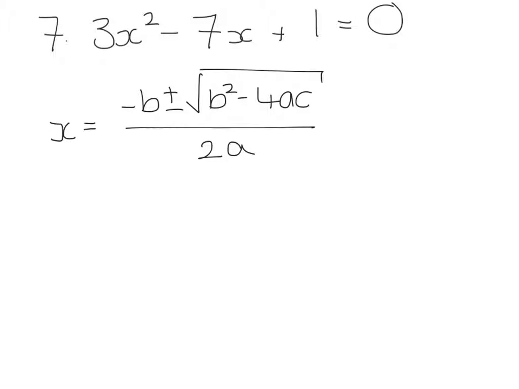Substitute in your values, being very careful with your squaring. So a is going to equal 3, b will equal minus 7, and c will equal 1. Please remember, if you are squaring a negative number, your answer is going to be positive. Also remember, you cannot have a negative number under a square root. So if you've got a negative number under your square root, you know you've gone wrong somewhere.